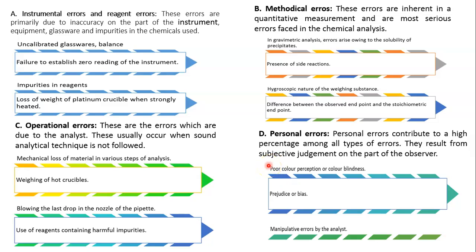The next one is personal error. Personal error contributes to a high percentage among all types of errors. They result from subjective judgment on the part of the observer. For example, prejudice or bias. That means if you're doing a titration, you get some readings. So you get a reading like 10.3. And the entire batch or entire class is doing the same experiment. And you ask your friend, how much reading did you get?